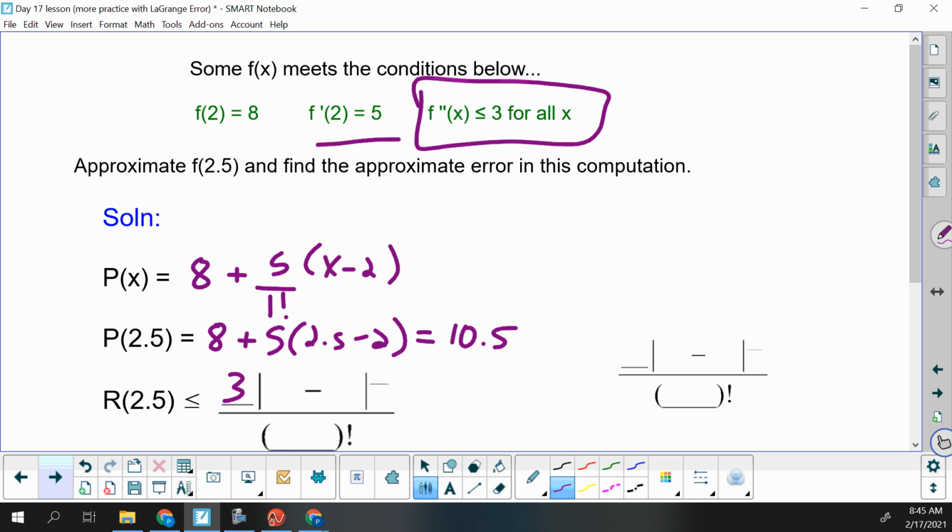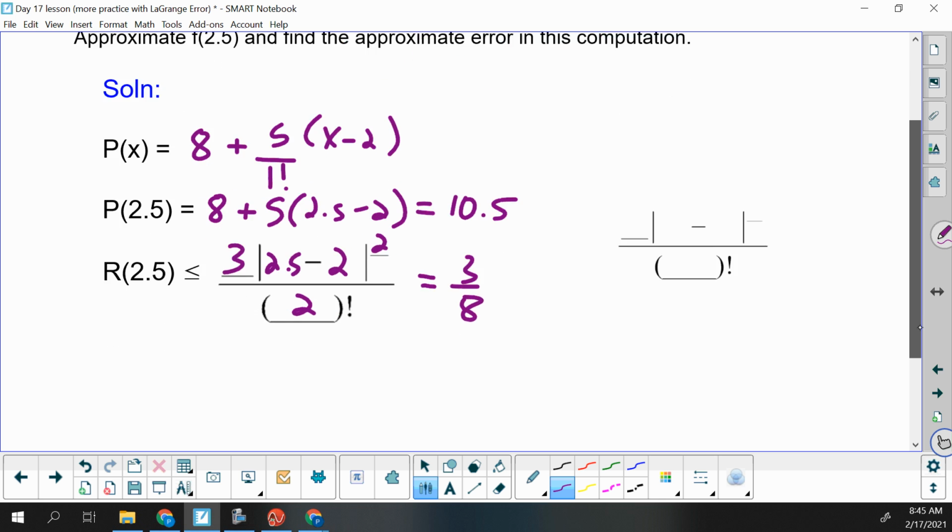And you're going to see 3 on the homework that are like this. I believe it's the last 3 questions where you'll have to work with this. Well, now we'll just do our 2.5 minus our center of 2. Our next power is 2, and that next factorial is 2. And if we sub this in, we just end up getting 3/8.